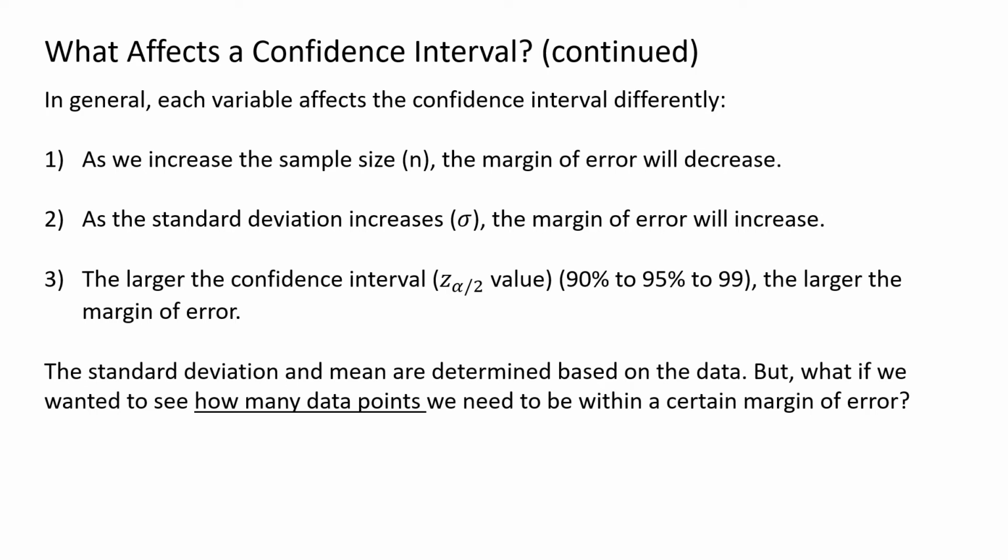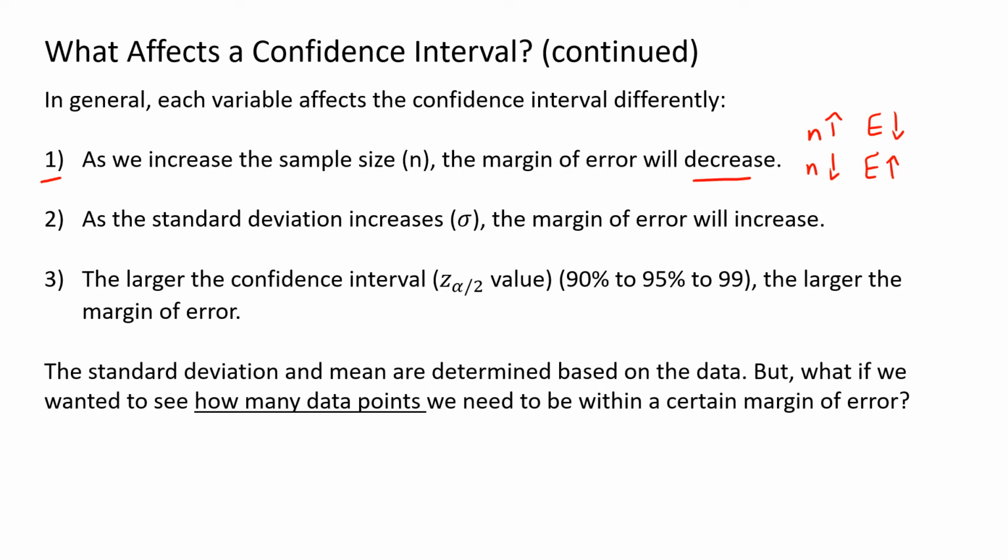So our confidence intervals vary, and how is the real question. In the first instance, if we increase our sample size, the margin of error decreases. So if n goes up, our error goes down. If our number of samples goes down, our error goes up because we have less reliable data, because we don't have as many samples.